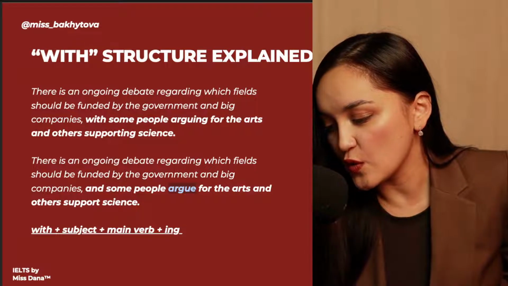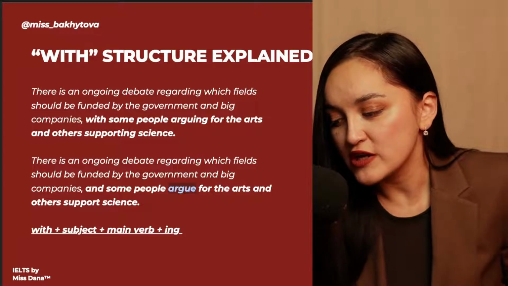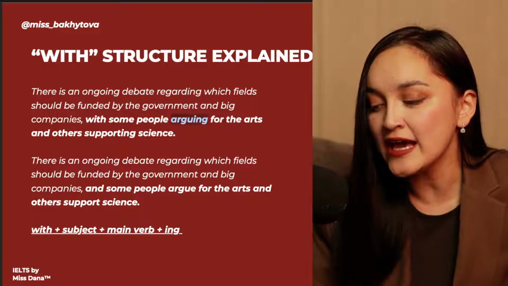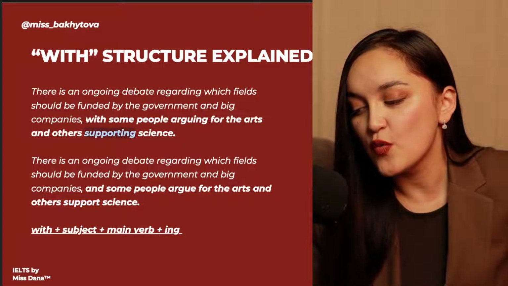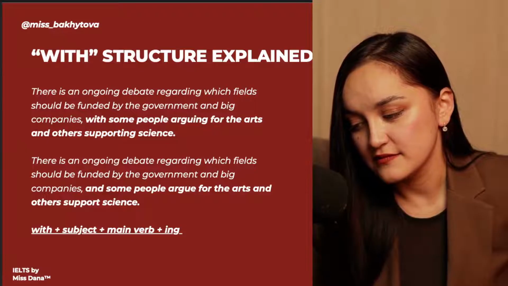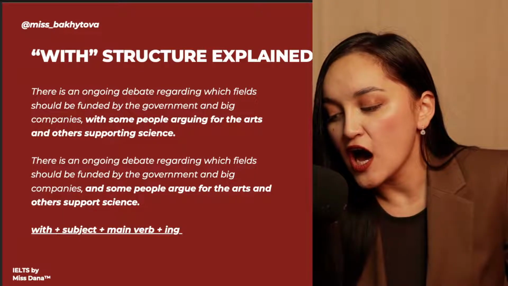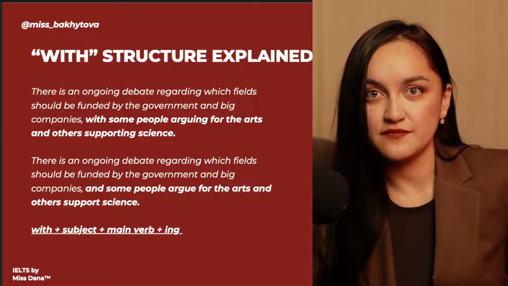The main verb here is argue. We changed it, added ing over here, and it has become arguing, supporting science. That's basically what we did, right? So we add with, we add the subject, we add the main verb, and ing right in there.